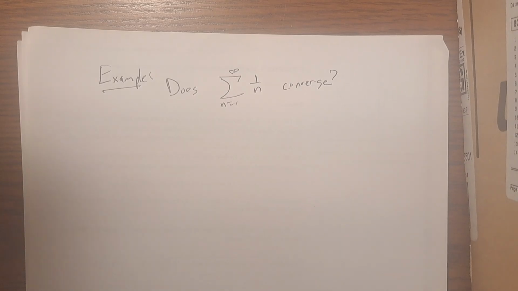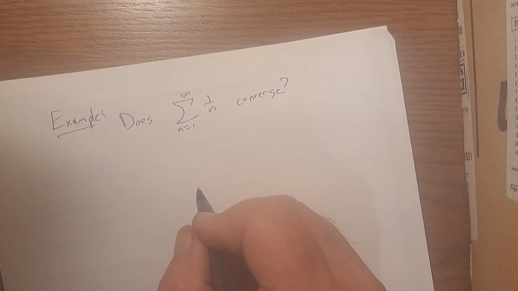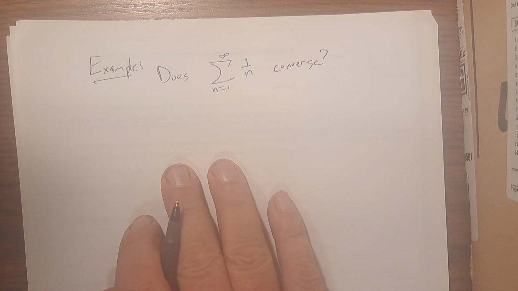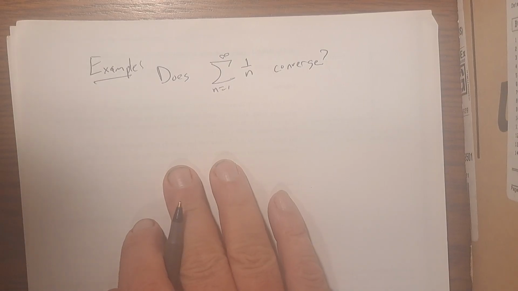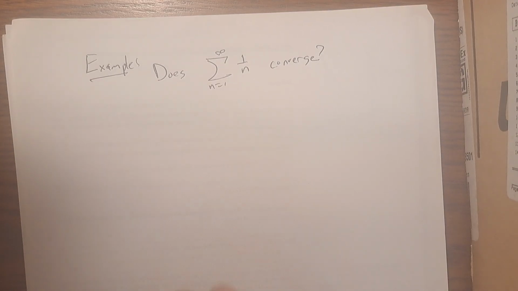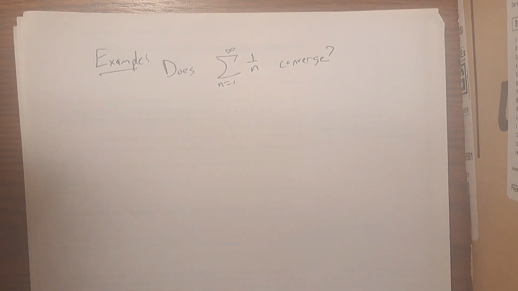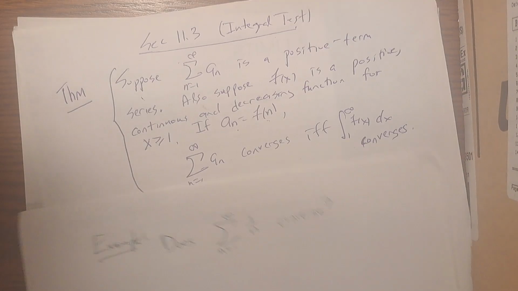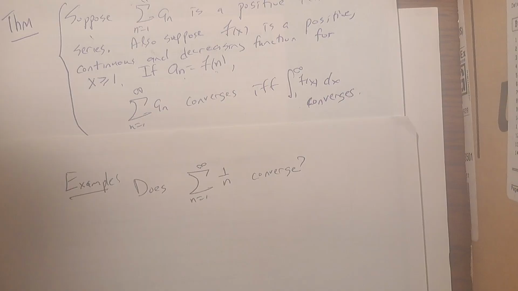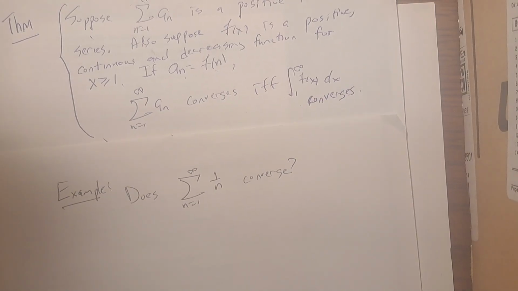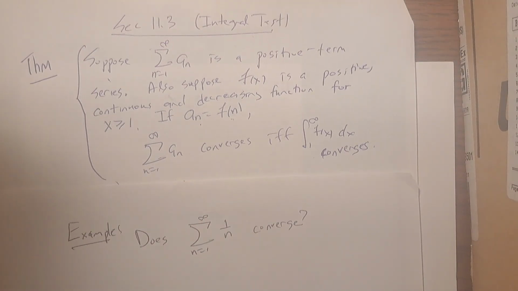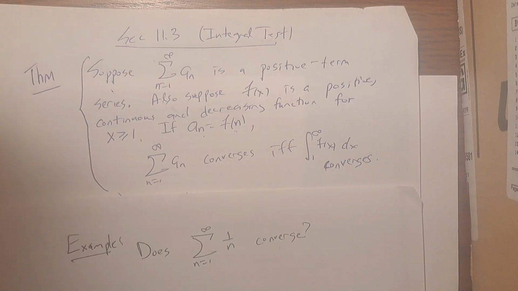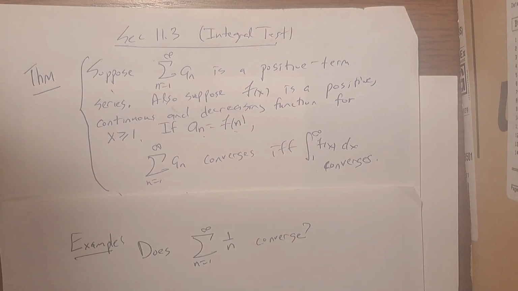So we're going to go off to the integral test. And the integral test says if you meet certain conditions, then you can just do the integral. If the integral converges, so does this series. Integral diverges, so does the series.